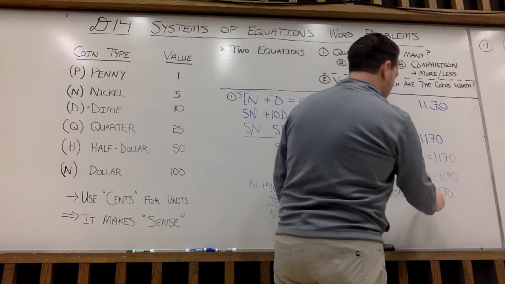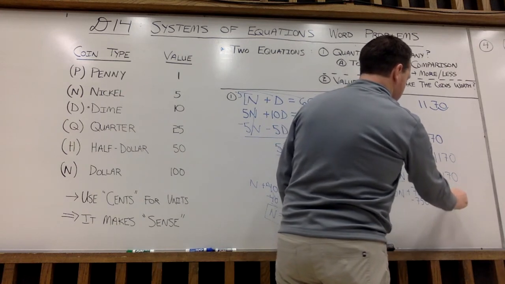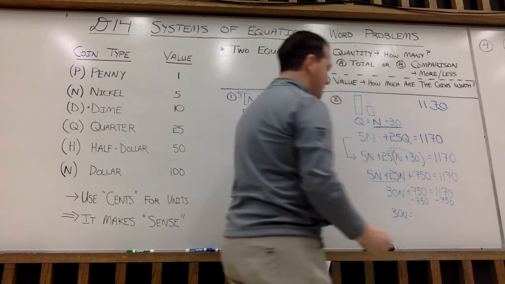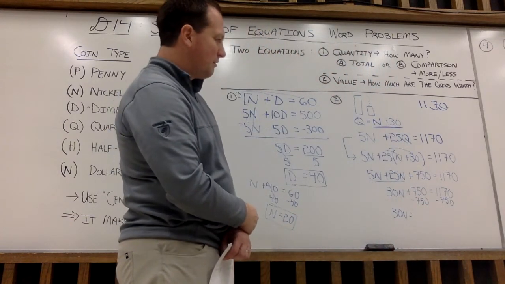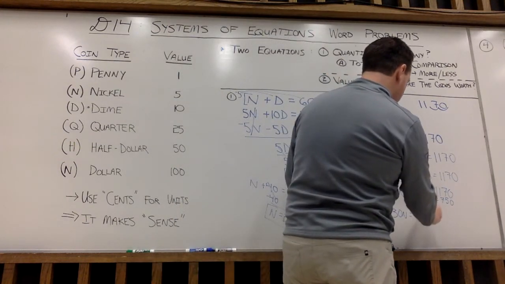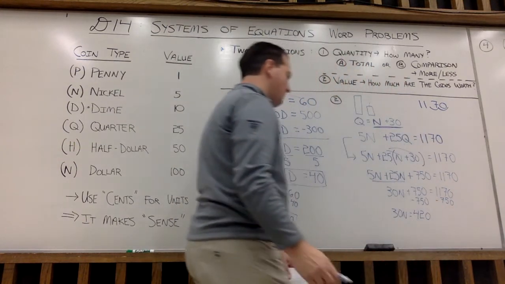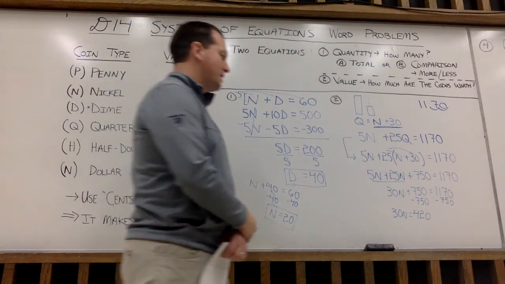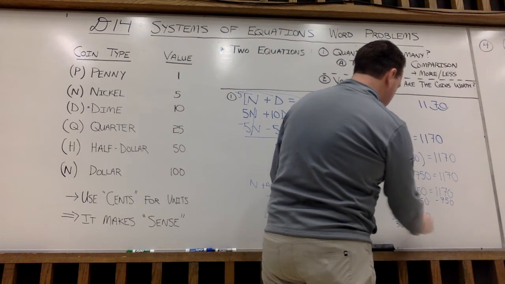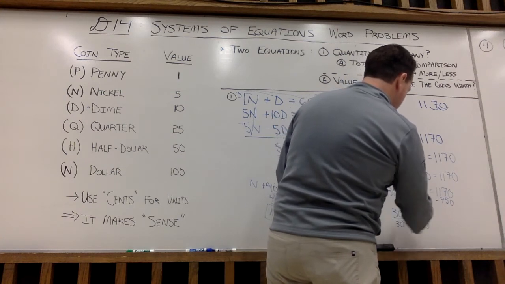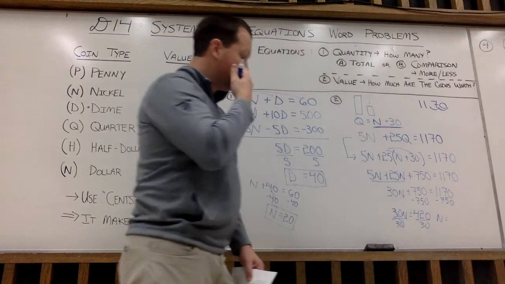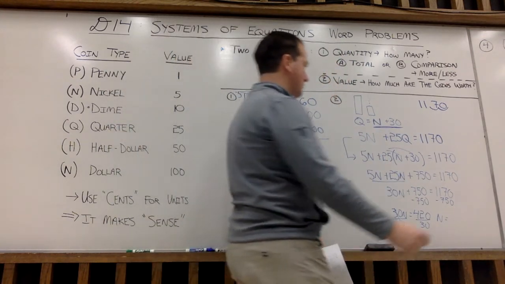Subtract 750 from both sides, and I'll have 30n equals, I believe, 420. Divide both sides by 30. And n, my number of nickels, is going to be 14.